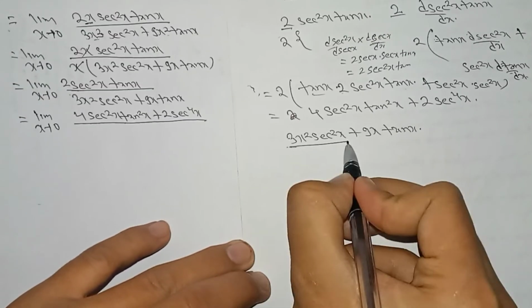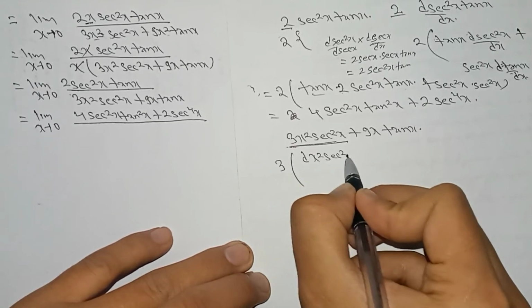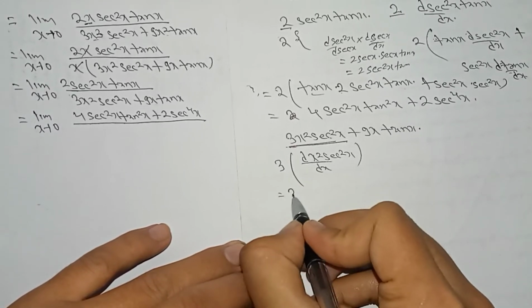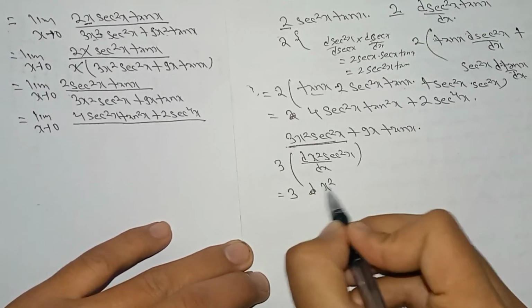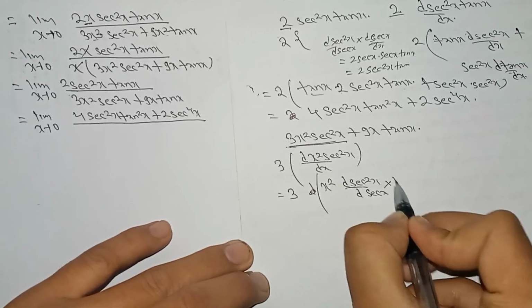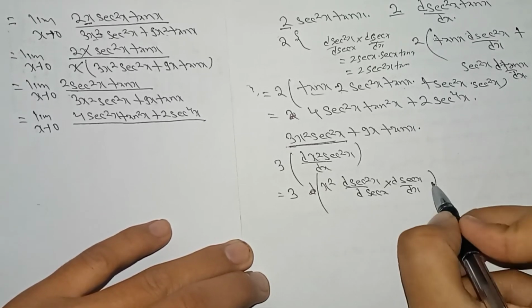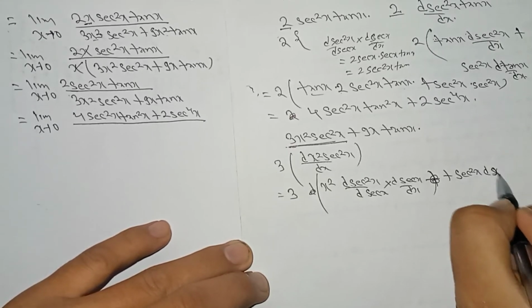Okay, so we'll first perform this: d of 3x square sec square x by dx. By multiplication differentiation we keep 3x square d sec square x by d sec x into d sec x by dx, plus sec square x d x square by dx.